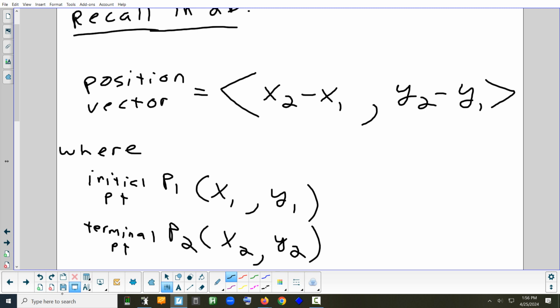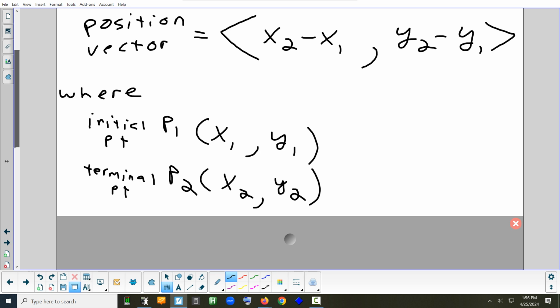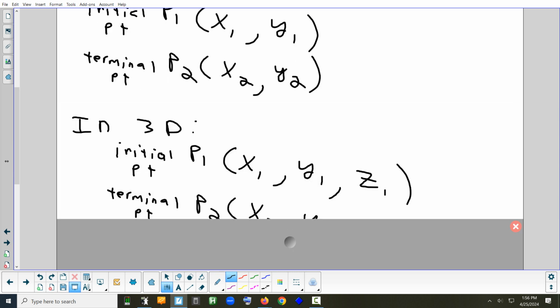So looking at the formula in 2D, does anybody have a guess how we're going to extend it for 3D? So specifically, what did you have to put here? Comma z2 minus z1. Yeah, we're just going to do comma z2 minus z1.